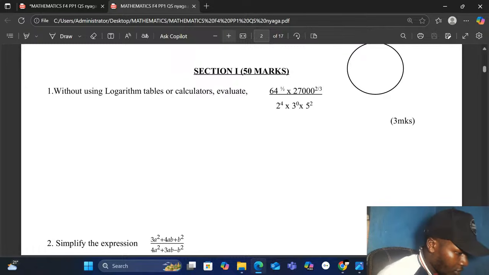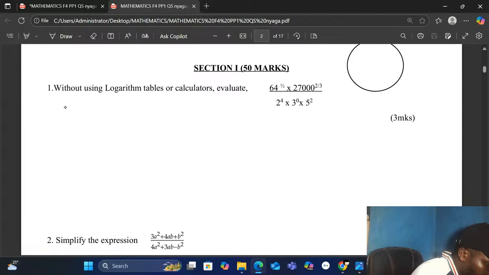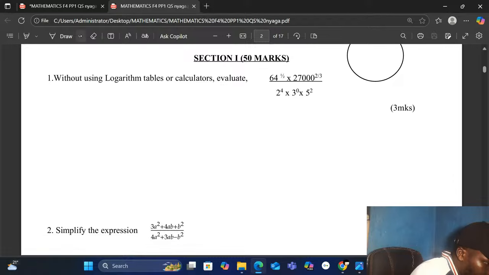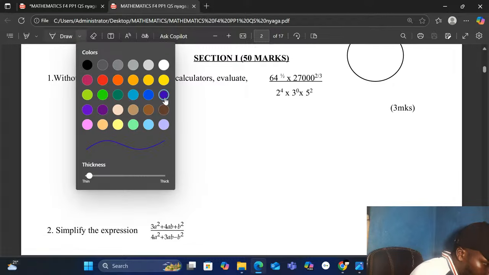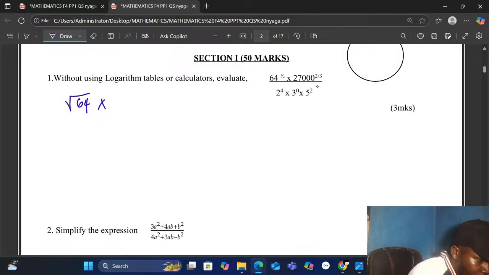Now, we know that 64 power half is the same as the square root of 64. So you look for the square root of 64. Then we multiply by 27,000 power 2 over 3.